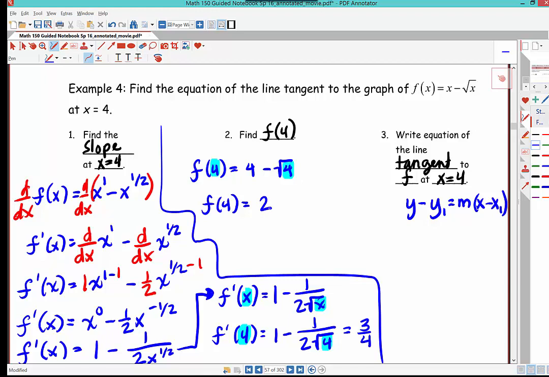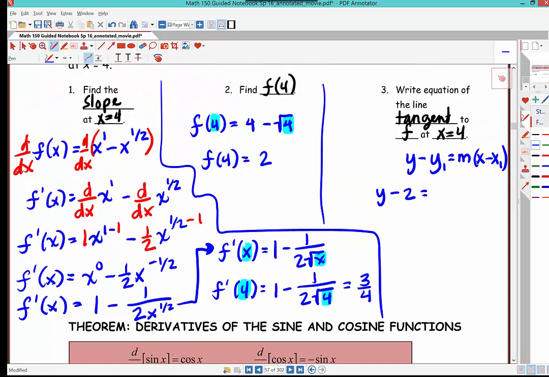Now I have all my pieces. So I'm going to have y minus 2 is the slope, which was 3/4, times x minus 4. So this is all the pieces here.